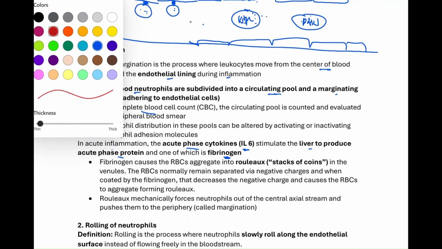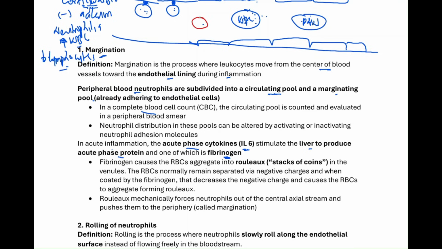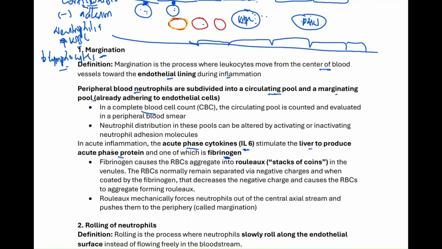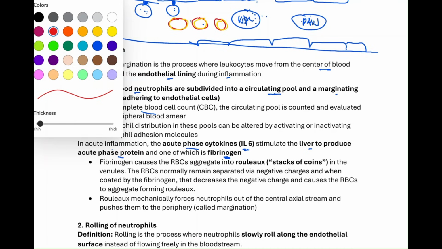So this fibrinogen now is going to be coating the red blood cell. So once we have our red blood cell inside the blood vessel, those fibrinogen are going to be coating the what? They're going to be coating the red blood cell. And as they coat the red blood cell, that's going to remove the negative charge on those red blood cells.